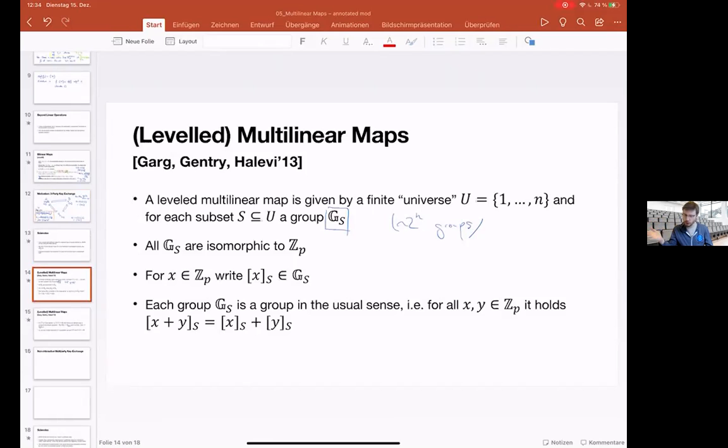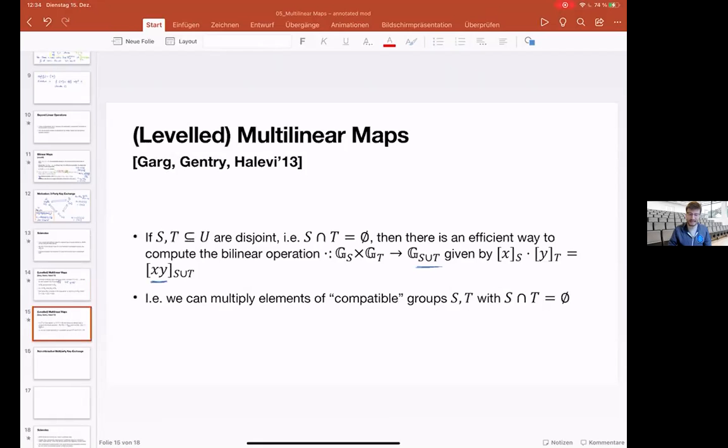We denote the encoding of a Z_p element x in this group G_S as square brackets of x, indexed S. Now G_S is a group in the usual sense. That means we can perform group operations, which we denote additively in this group. So adding elements or taking Z_p linear combinations does the expected thing.